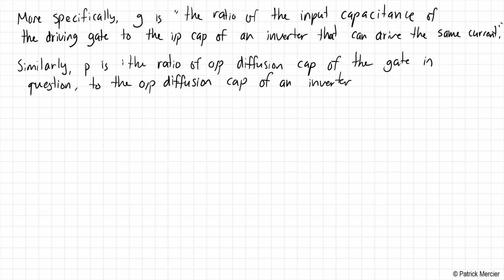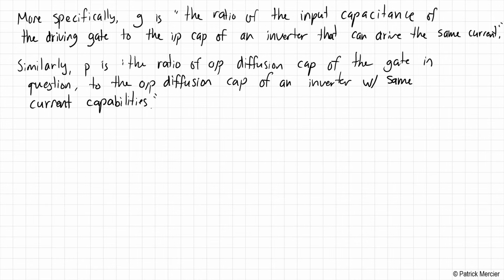So it's the ratio of the output diffusion capacitance of the gate in question to the output diffusion capacitance of an inverter with the same current capabilities, or the same drive strength capability. So it's kind of the same condition as for G, but in this case we're looking at the output diffusion capacitance of the gate rather than the input capacitance.